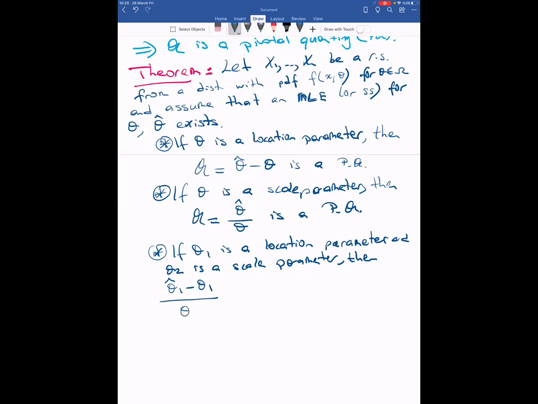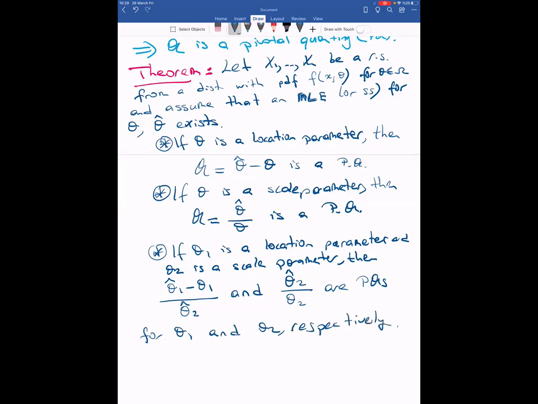So because of that, we have to also replace theta 2 here in the denominator. And for the scale parameter, we have these. So these two are pivotal quantities for theta 1 and theta 2 respectively.